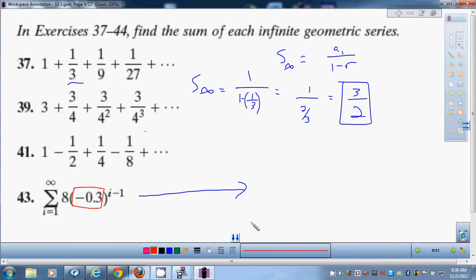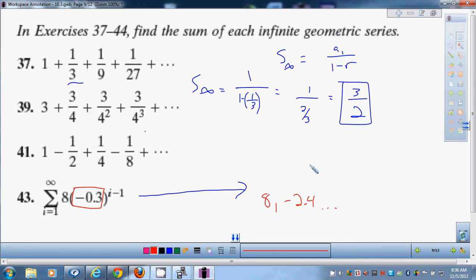And we'll find the first two terms real quick just to prove that again. If you plug in 1, that's 8 times negative 0.3 to the 0 power. What's anything to the 0 power? 1. So 8 times 1 is 8. Plug in 2. 8 times negative 0.3 to the 2 minus 1. So 8 times negative 0.3. Divide, you do get negative 0.3.